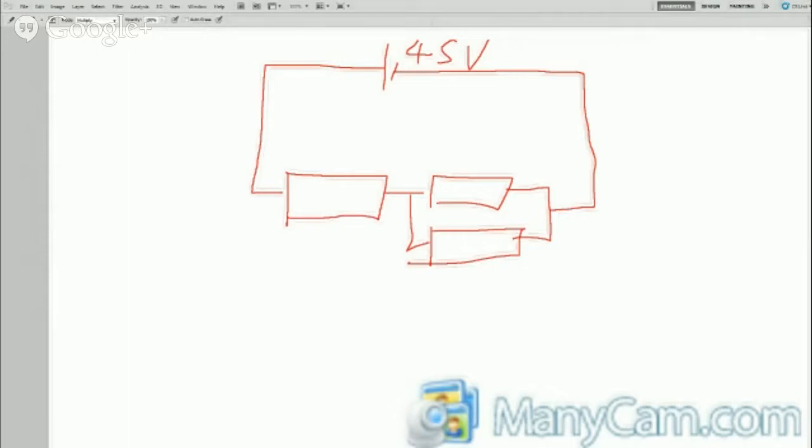R1 and R2. Okay, let me label these resistors and you can tell me which one it is. Hopefully my R1s and R2s will match. So I've labelled them 1, 2 and 3. Current.